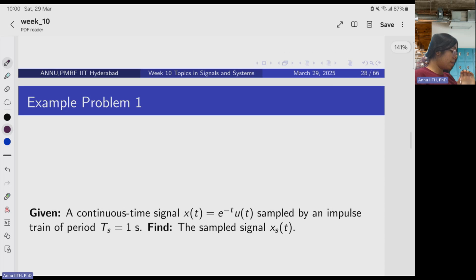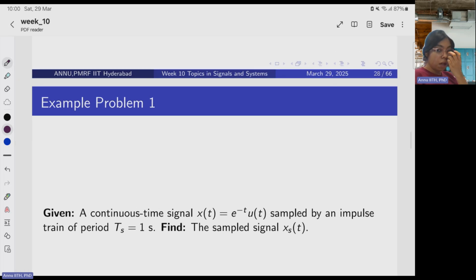So there are some examples that I would like to show, and these are the examples which I have taken from real life.